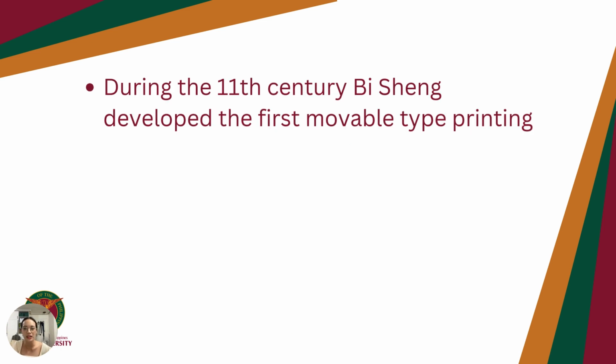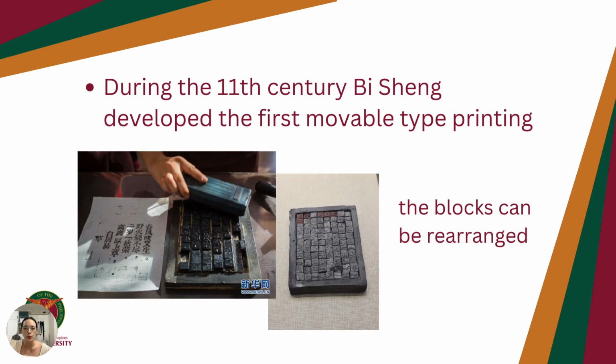Grabe, napaka-intricate. So moving on, during the 11th century, Bi Sheng developed the first movable type printing. Bi Sheng's movable type printing changed how ancient China printed its documents. Mas naging madali and mabilis ito. The difference of this development from xylography is that the blocks can be arranged.